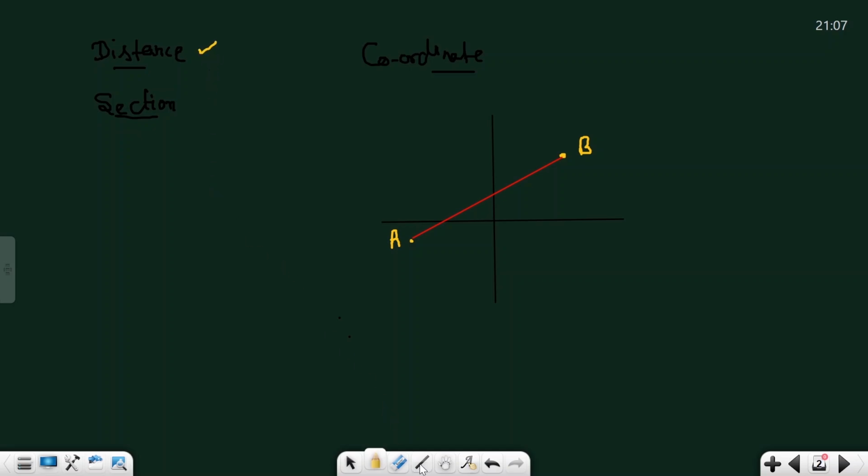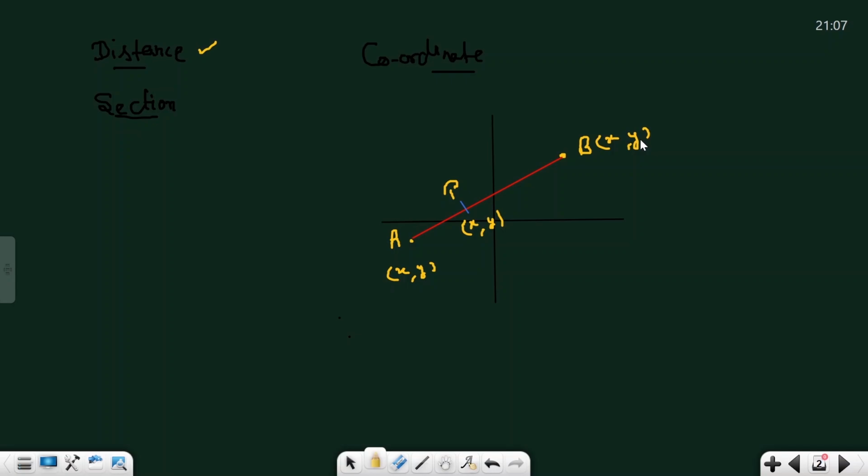And the second formula is if there is any point on this line, like here, suppose let this point be P. Now our target is to find the coordinate of P. We write a coordinate like this: first coordinate is x coordinate, second coordinate is y. Similarly here x and y.